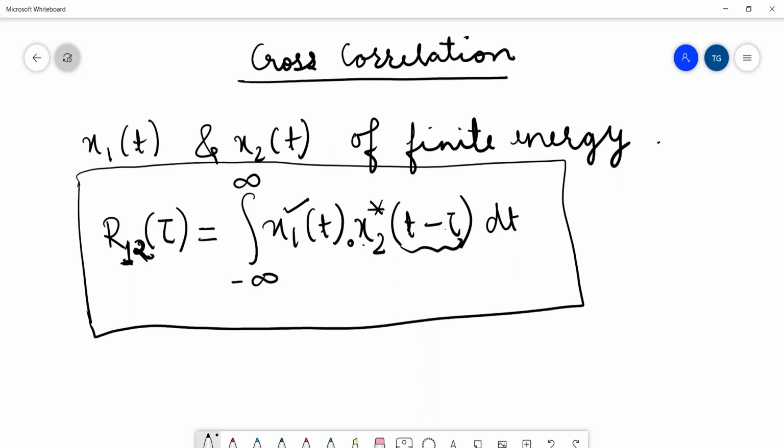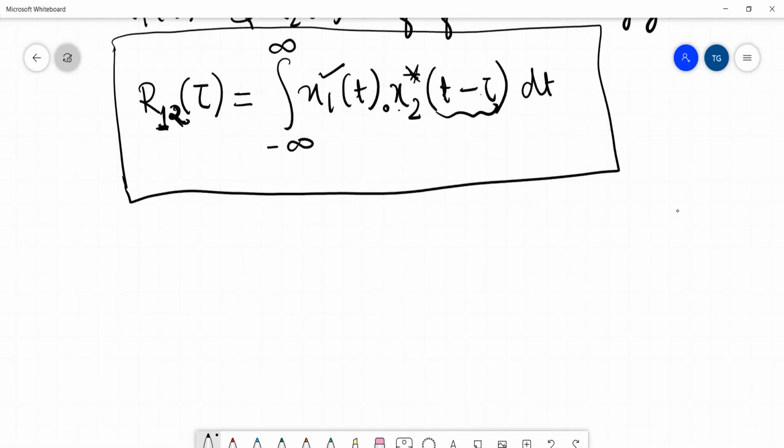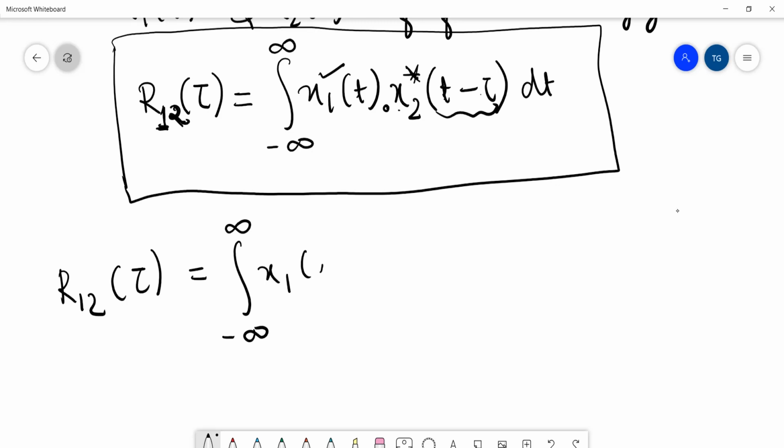If my two signals x1 of t and x2 of t are complex, this complex conjugate is possible, but when both signals are real valued signals, then my r 1 2 of tau will become the integral from minus infinity to infinity of x1 of t into x2 of t minus tau into dt.